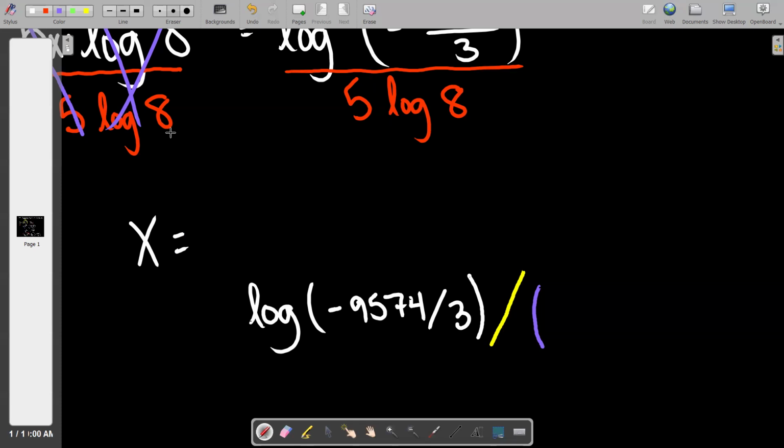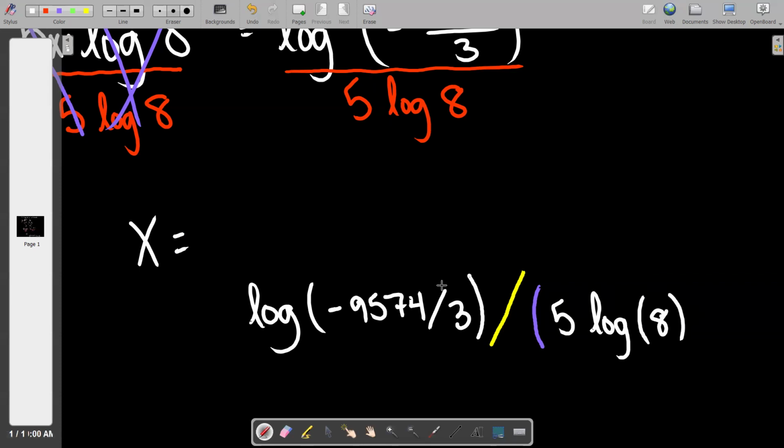And what's going to go in there? 5 log 8. And please remember that this white parenthesis that I just drew is not mine, it's my calculator's. This is an easy log for you, calculator. I'm just going to put an 8, but I do need to close you off.